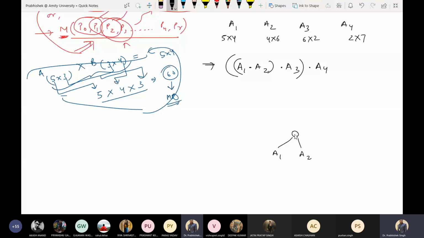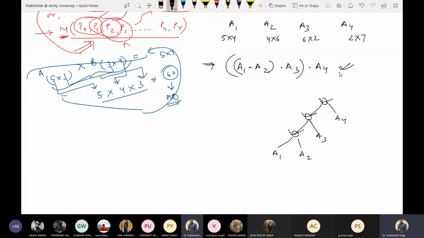Then you multiply this node with A3, and then you multiply that solution with A4. How many nodes are we getting here? 1, 2, 3. Three nodes. So this is one sequence.